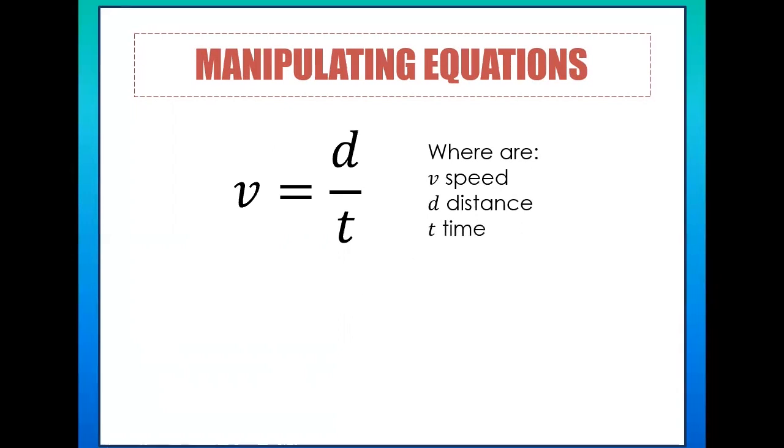So in order for us to have an idea about how fast an object moves, we have to be mindful about the values for the distance and the values for the time, because speed is the ratio of distance per time. Remember that on the left hand side of the equation, the variable that you will see here is known as the subject of the formula.